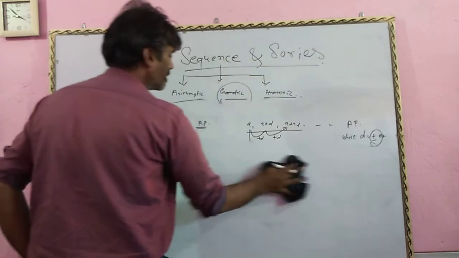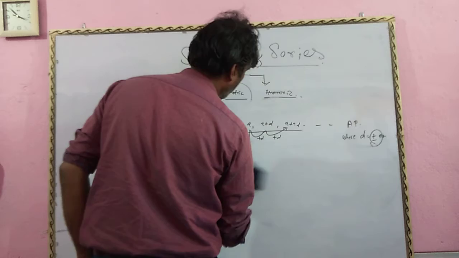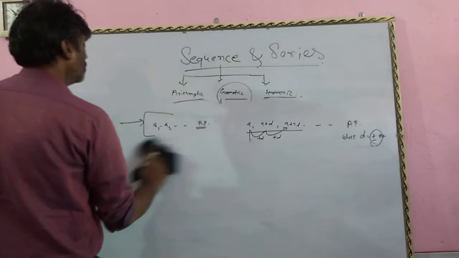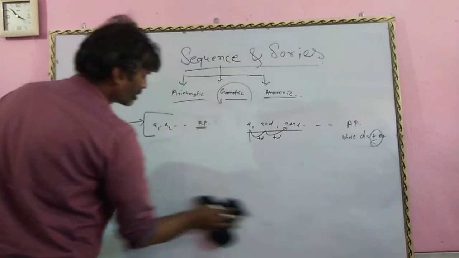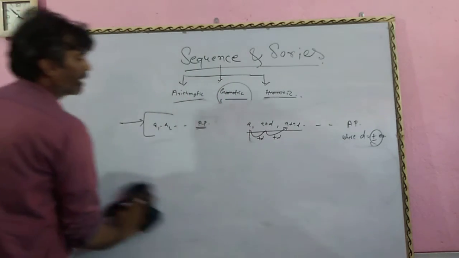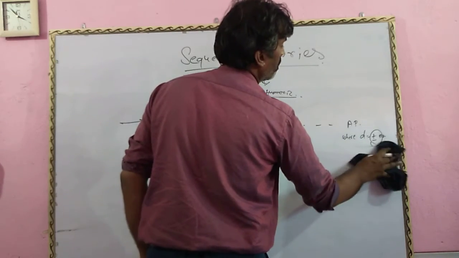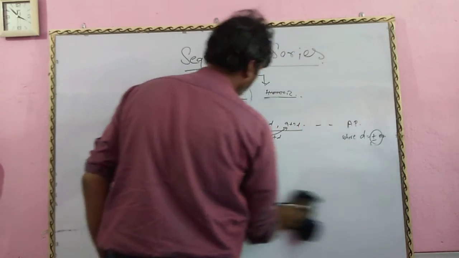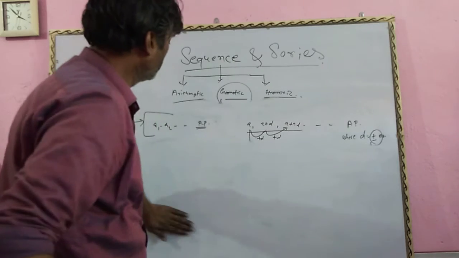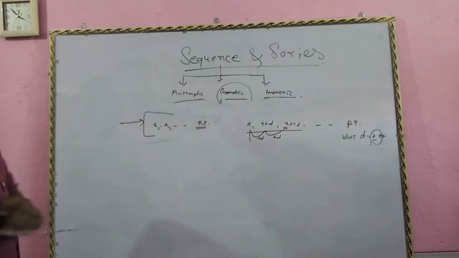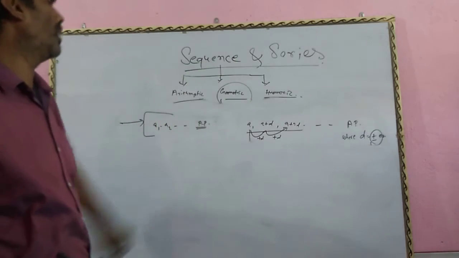Means if some arithmetic progression is given, then you will be asked to find the summation of all the terms. How will you find it out?